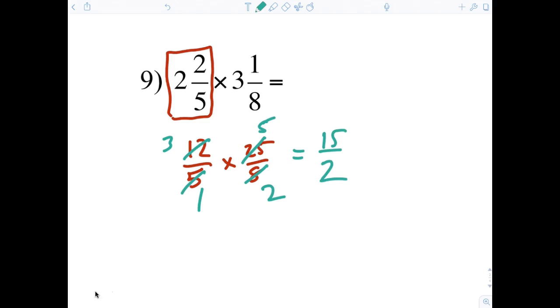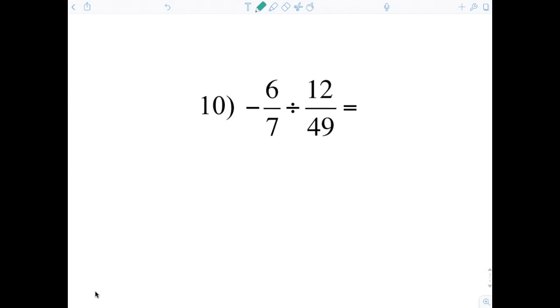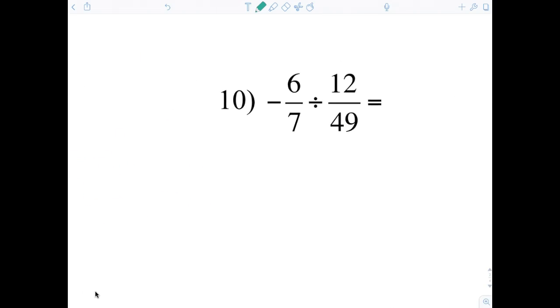Kate, you ready? All right, help me out with 10, please. Let's review division. What do I have to do for division? Yes, and we flip. A better word is? Reciprocal. All right, so let's write this now. It'd be negative 6/7 times what? Times 49 over 12.